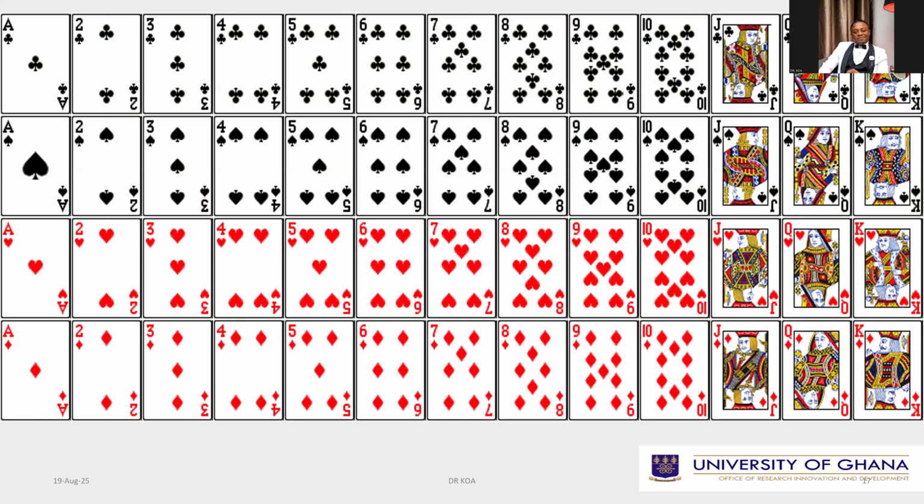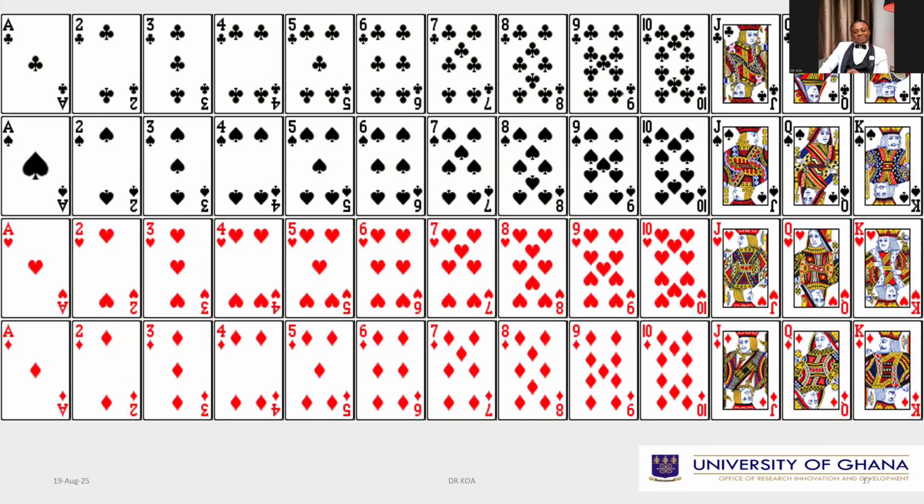If you look at this one, what is the probability of having a red or an ace?